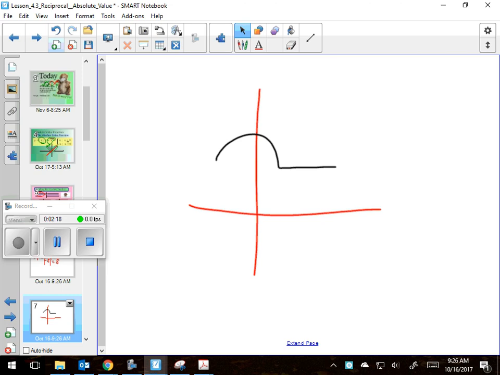If that's my function, sketch this. That's f of x. What I need to teach you is how to do the absolute value of f of x two different ways.